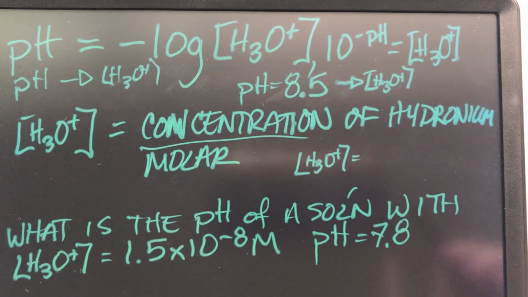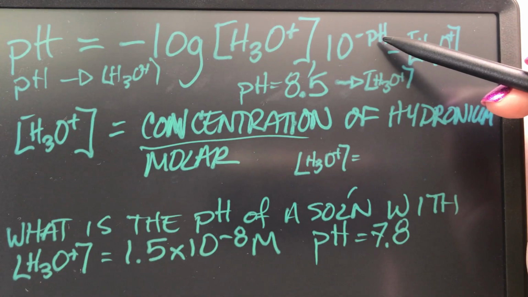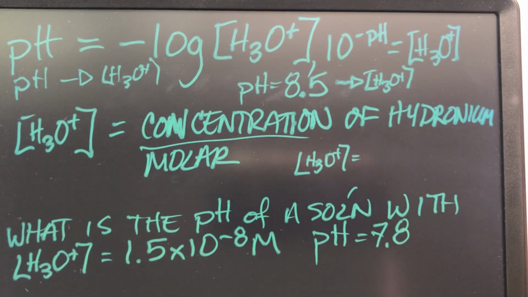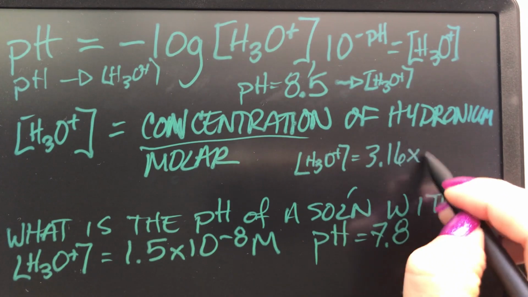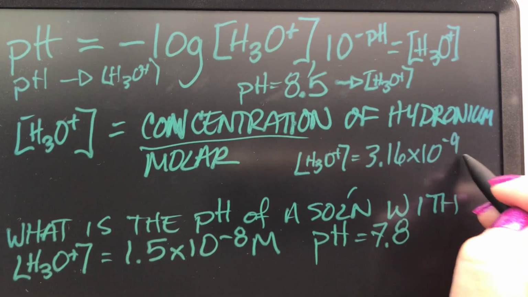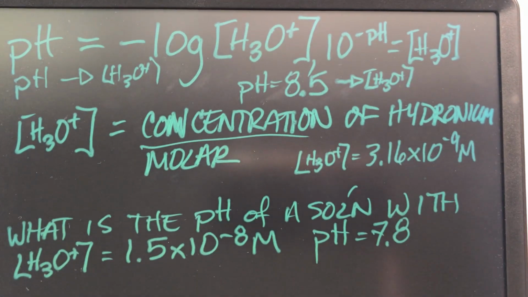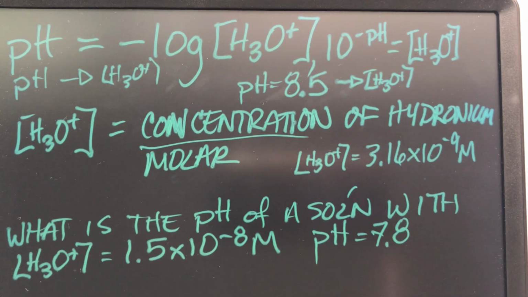So we're literally putting the pH in as a negative exponent on the 10. 3.16 times 10 to the negative 9. Beautiful. I did something wrong. Me too.